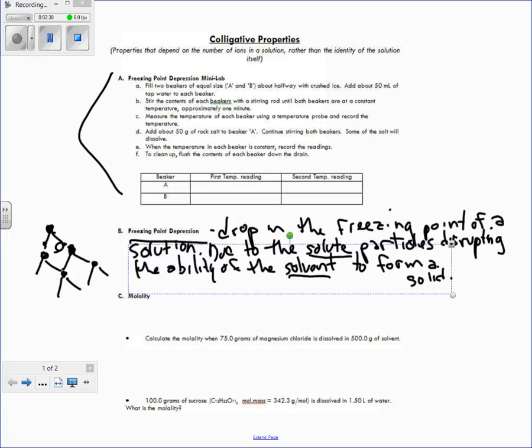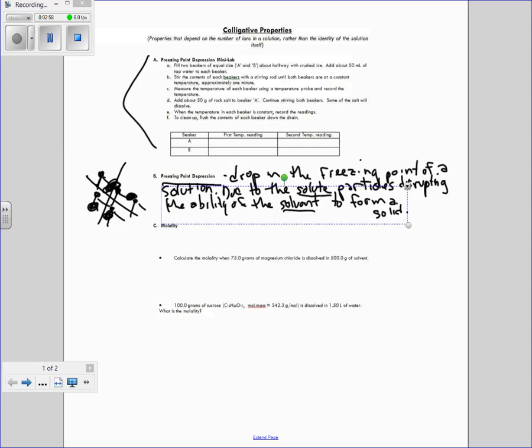So if you stick in some sodium chloride, sodium ions, you'll have the inability for this crystal to form. We won't see it happen, and what that means is that the freezing point will be lower than pure water. So there are two ideas that we need to look at in order to figure out the math behind why this works.